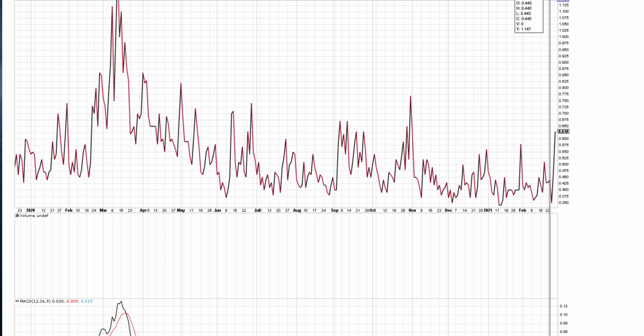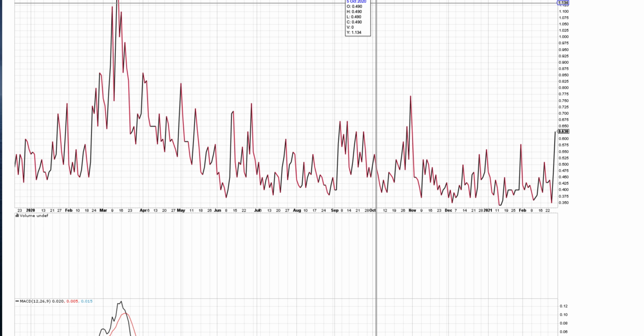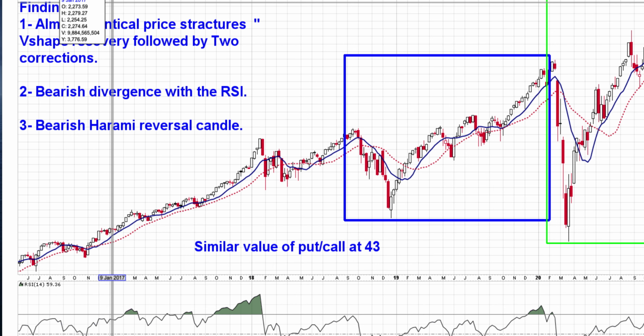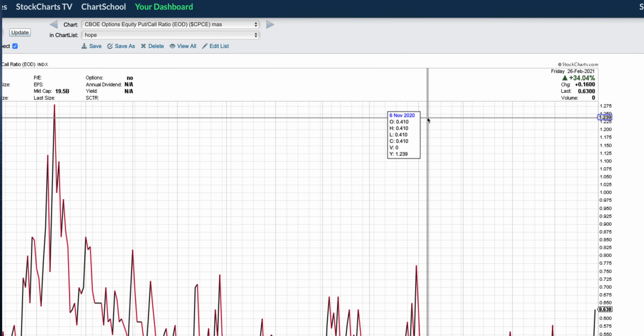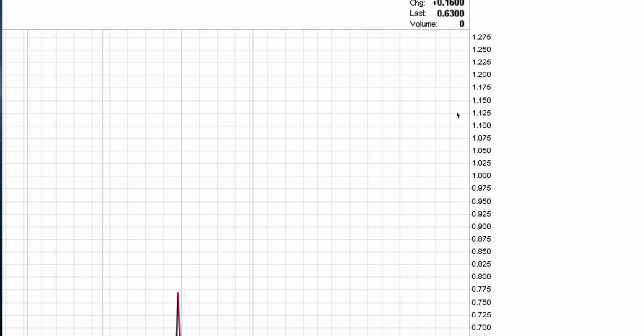And let me look at the equity put to call. Maybe I could do it later. Okay, so the equity put to call now went up to 63. Last week it was 35.